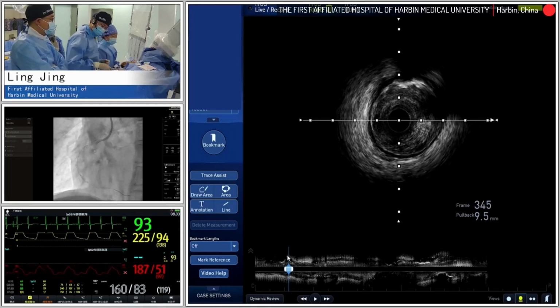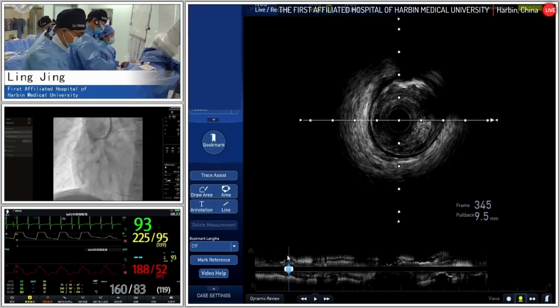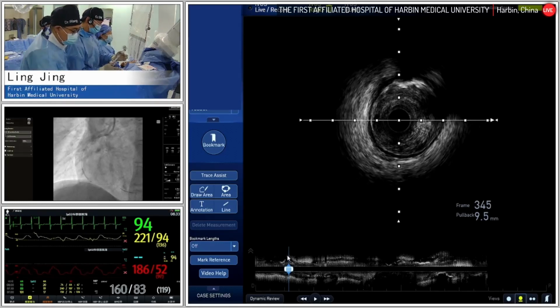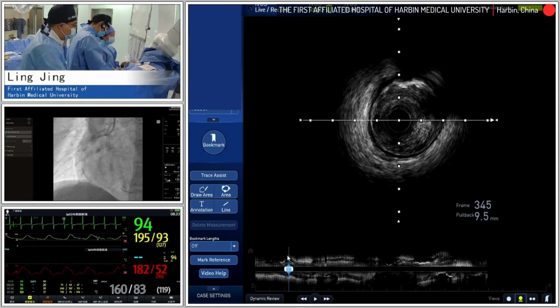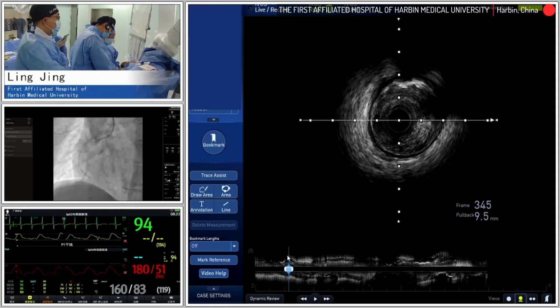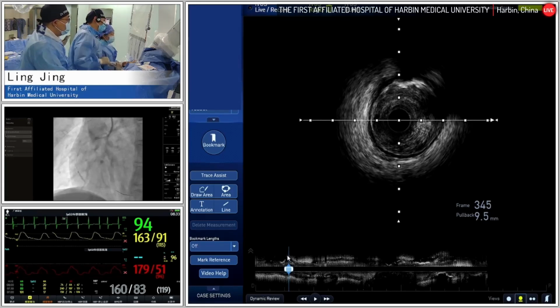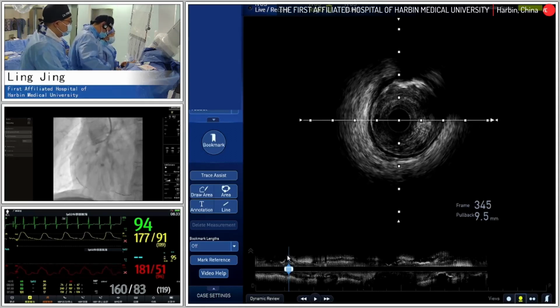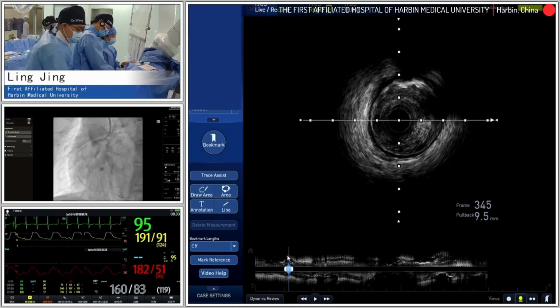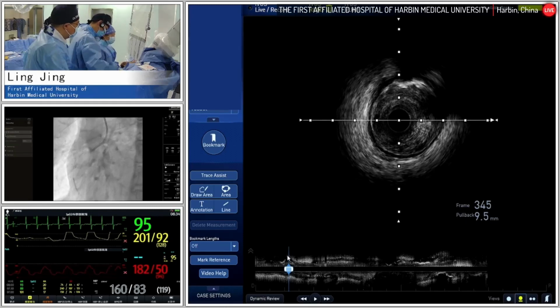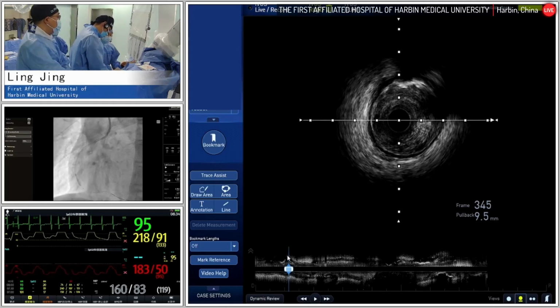Rotablation, yes, we perform active rotablation for very severe calcification cases with high resistance that are relatively difficult to pass through. However, for this case, one thing is that it's an RCA case, and the second thing is that we noticed that with a small caliber balloon, we can easily pass. Also the rotawire exchange for this kind of situation is a potential difficulty.